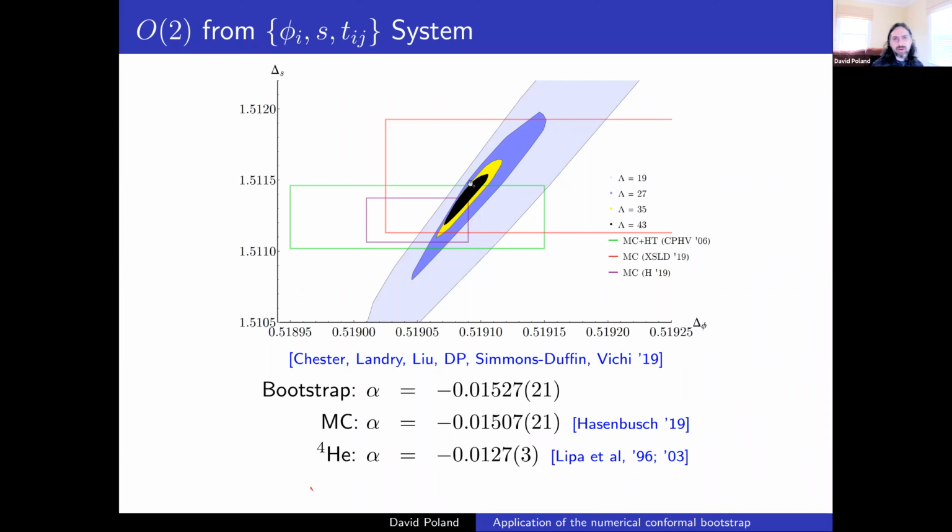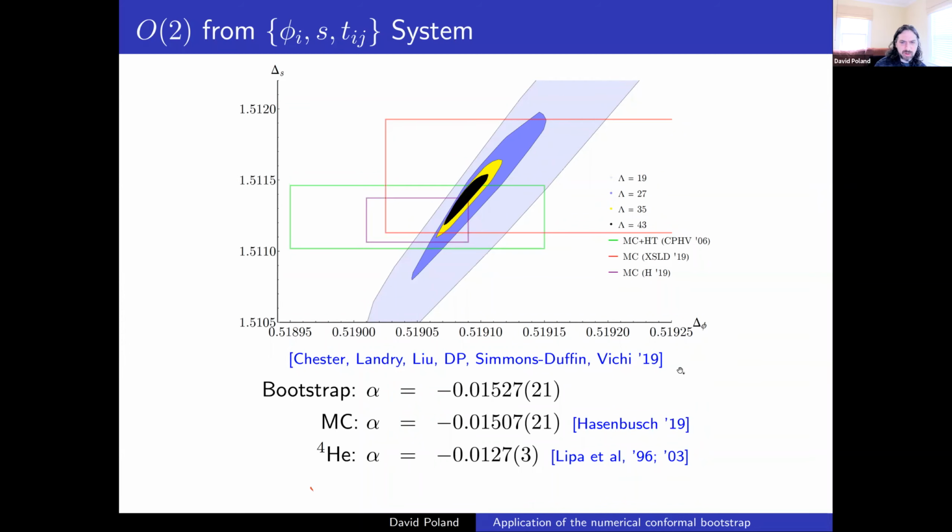You can see that the Bootstrap results and the Monte Carlo are comparable in size, at least for the scaling dimensions of delta phi and delta s. There's a beautiful compatibility between the two results. They're overlapping, and this Bootstrap island, which is essentially rigorous, can at least rule out a big portion of the region which was allowed by the Monte Carlo simulation.